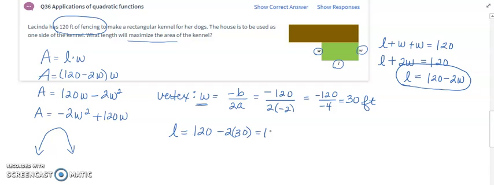So in other words, that's 120 minus 60, which is 60 feet. So the length of the pen has to be 60 feet for the area to be maximized.